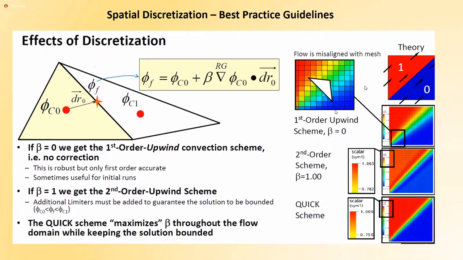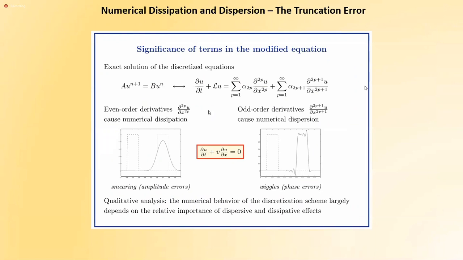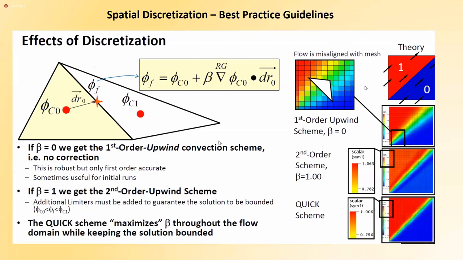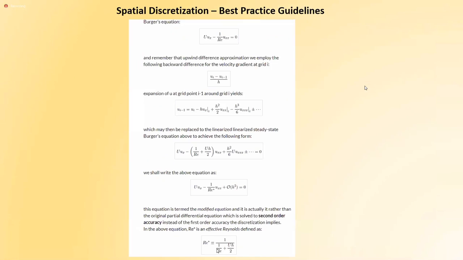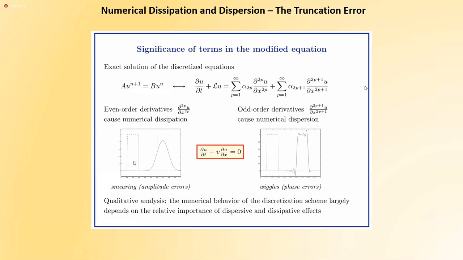Then we get a large numerical dissipation error. You see it here. It's like another object that joins the dissipation.